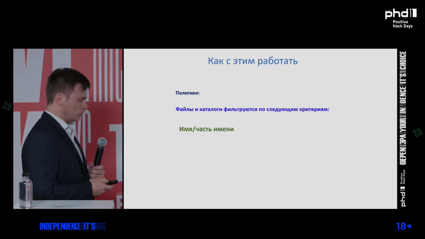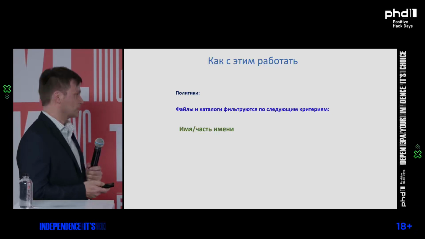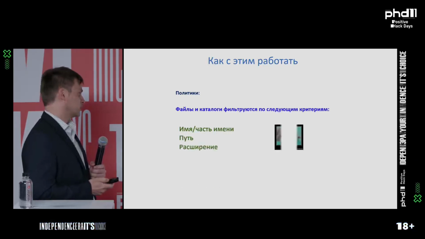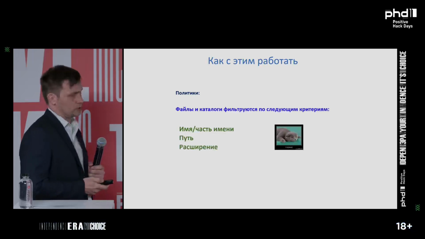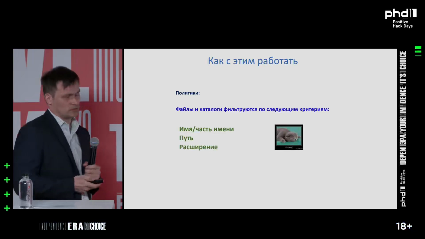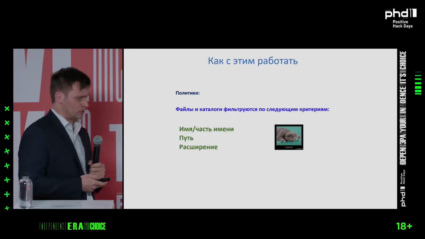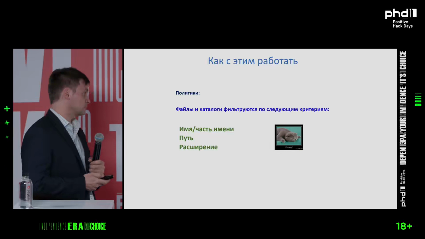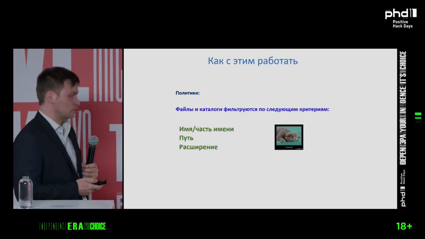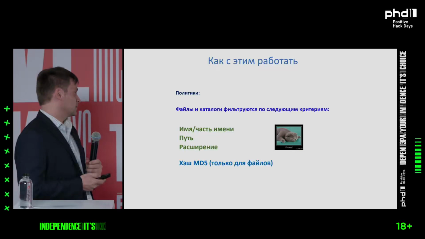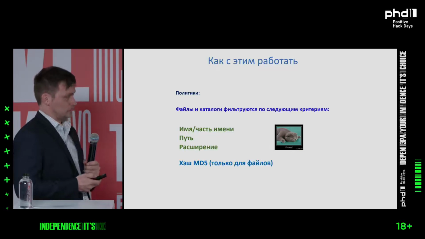Simple policies can be used here by filtering by name or part of the name, the catalog, the path, the extension. But these things are not that interesting for hackers. Hackers can easily bypass such limitations. So these policies are helpful for admins to put things in the catalog and manage them easier.